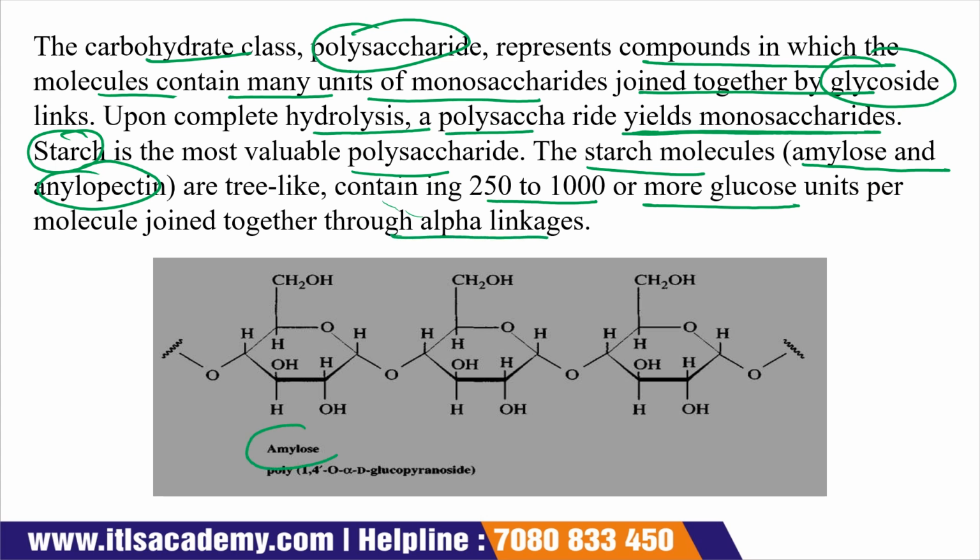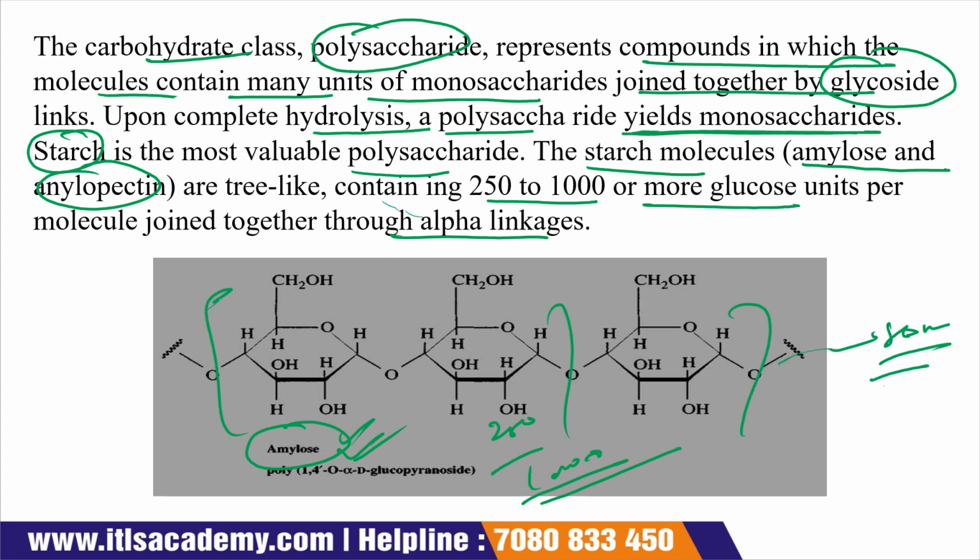This is your amylose. Okay, here around 250 to 1000 units of glucose are joined together, and then amylose is formed. See, this is 1 unit of glucose, again one, and so on. And the link between them is what? Alpha linkage or glycosidic linkage.